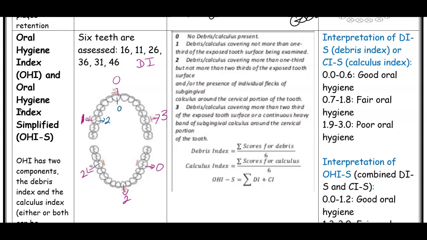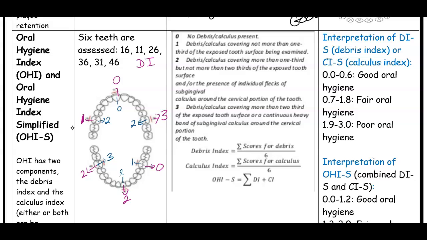On 1/1, I saw no calculus. On the 2/6, let's put 2 here. It was covering more than 1/3, but not more than 2/3. So it was a fair amount, but not a lot of calculus. Let's say here, I saw a lot of calculus. Here it was just a 2, and here was a 1.